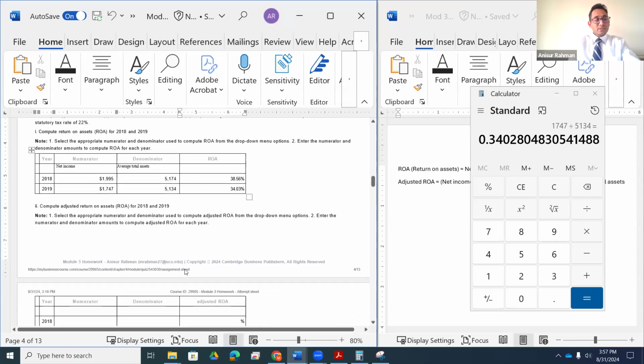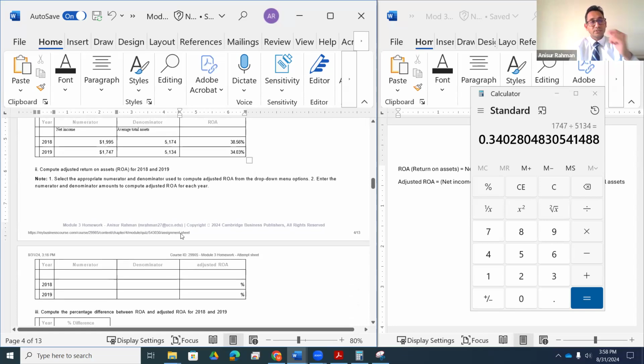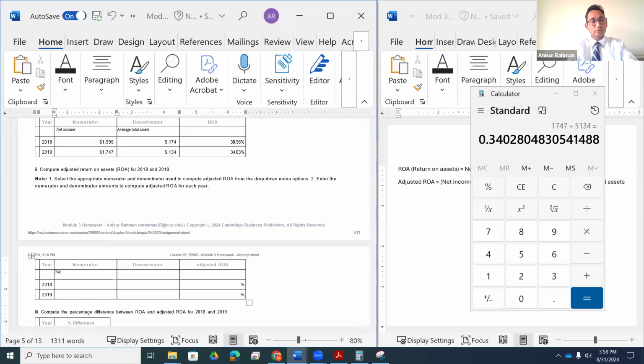Next question is compute adjusted return on assets. So we have to adjust the net income for interest expenses after tax. So our numerator will be, we'll write down in short, net income plus net interest expense after tax. Denominator is average total assets as before.